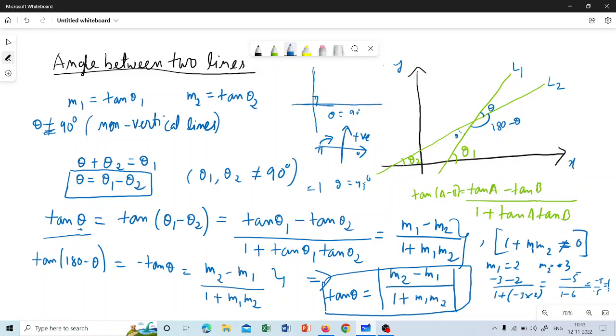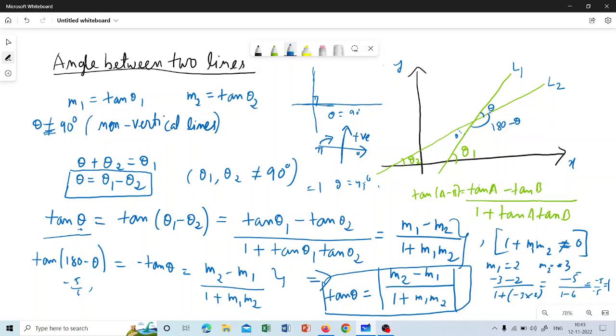We know that if tan theta is 1, then theta is 45. This is very clear from a trigonometric table or trigonometric ratios. But if we get some other value like minus 5 by 6, then we don't want that negative sign to come, because, again I am saying, we want acute angles, angles less than 90 degrees, for convenience.